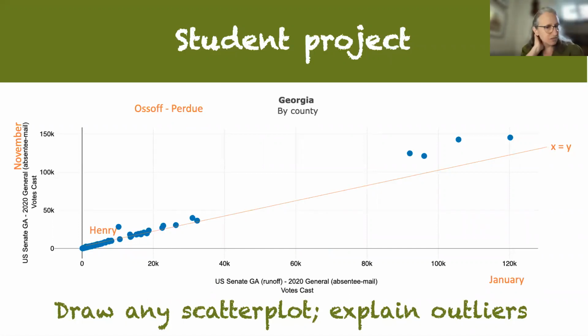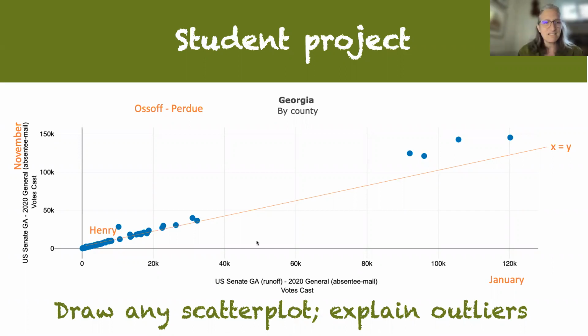So I think of this as a good undergraduate project. Possibly it's a high school project, I don't know, because what it involves is someone going in to Henry County, right? You don't have to go there physically, but you have to talk to people in Henry County and find out why is Henry County such an outlier here?